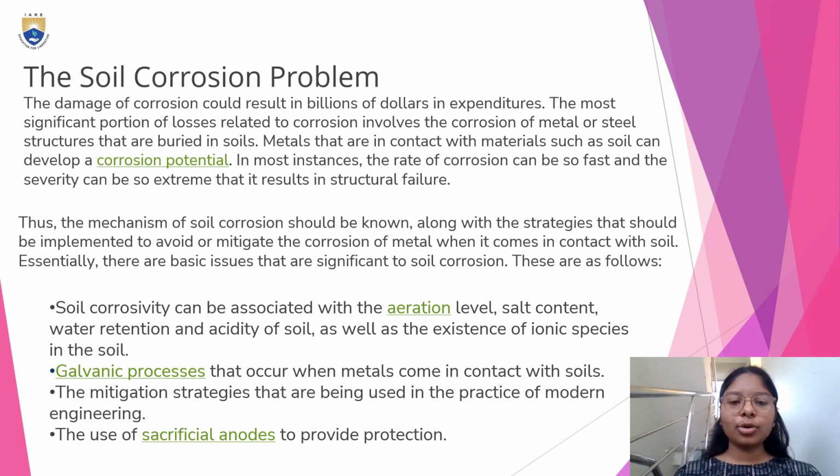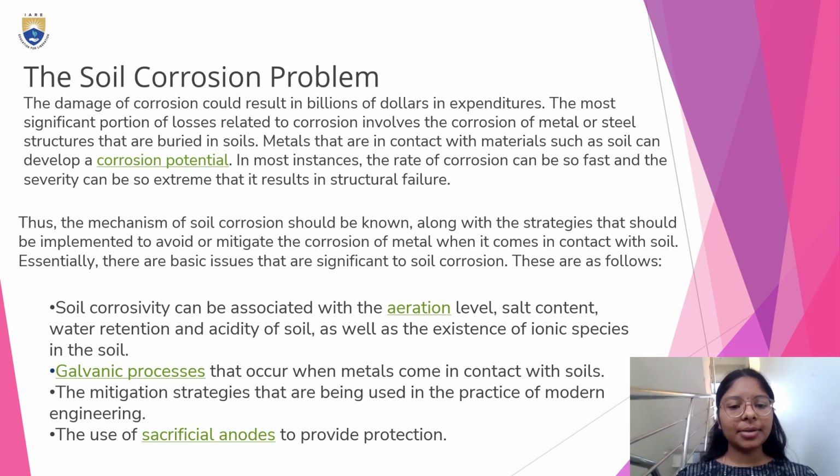Thus, the mechanism of soil corrosion should be known, along with the strategies that should be implemented to avoid or mitigate the corrosion of metal when it comes in contact with soil. Essentially, there are basic issues that are significant to soil corrosion. These are as follows.